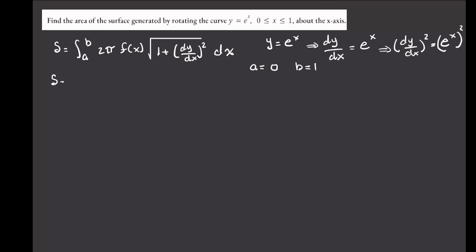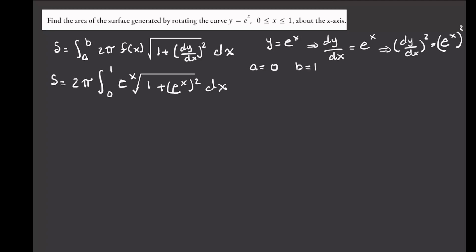So the surface area, I'm going to pull the 2 pi out because it's a constant. So 2 pi from 0 to 1, my function f of x, which is e to the x, times the square root of 1 plus e to the x squared dx.